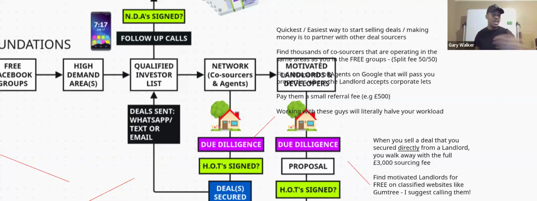Whereas, of course, if he had to sell the deal himself directly to his investor, he's dealing with both parties. He's got to deal with both sides. He's got to chase. He's got to have the conversations. He's got to deal with everything. But if I'm dealing with one side, it releases some stress from him and vice versa. And we can actually get the deal done maybe even quicker, because, as you guys know, two heads are better than one, right? So very important that you have that network built.